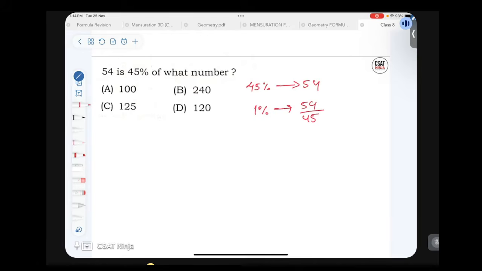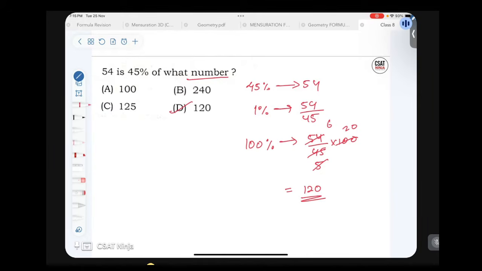We need to find the number, so the number here will be 100%. 100% will be 54 divided by 45 into 100. If we simplify this, 9 sixes are 54, 9 fives are 45, 5 twos are 10, 6 twos are 12. So the answer here is 120, which is option D. I hope we are clear with this.